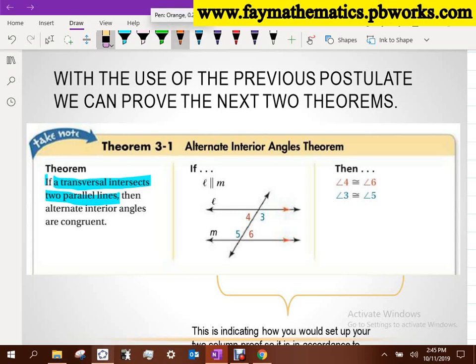And if we go through the rest of this PowerPoint, guys, there's a box that says alternate exterior angle theorem. There's a box that says corresponding angle theorem.